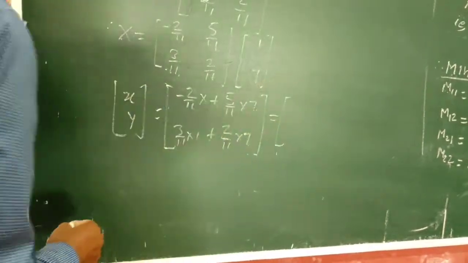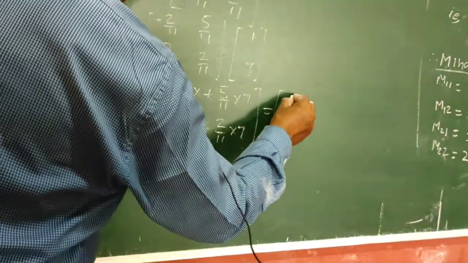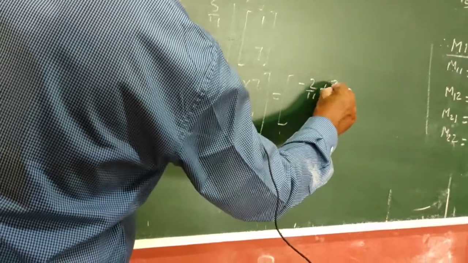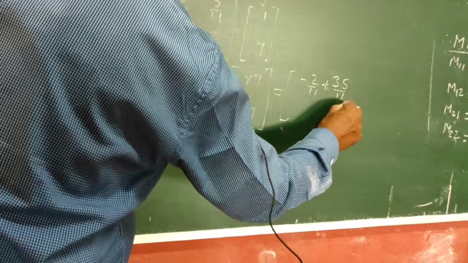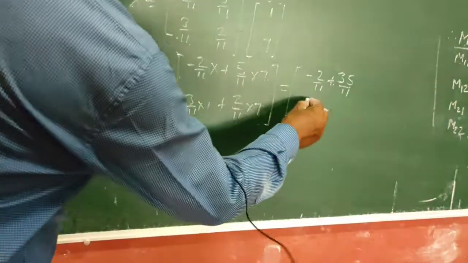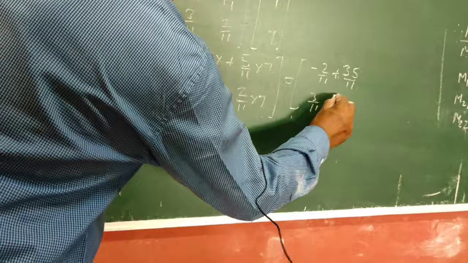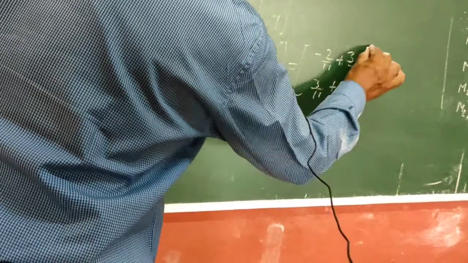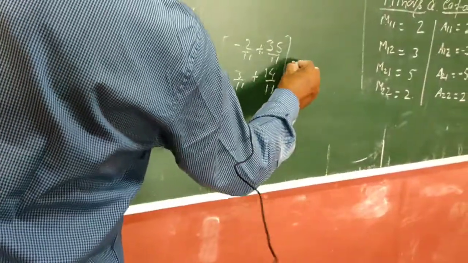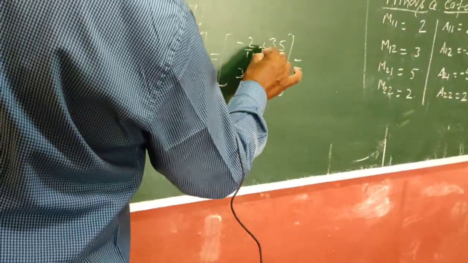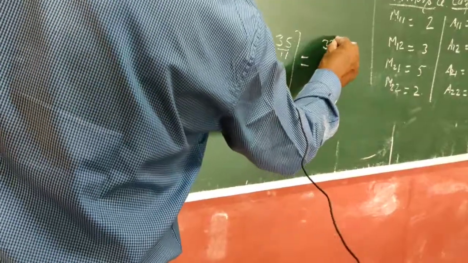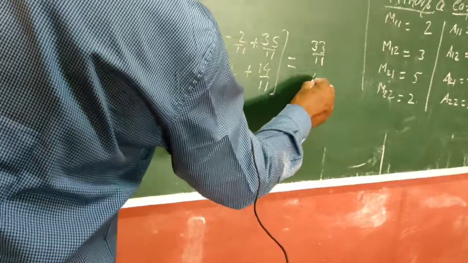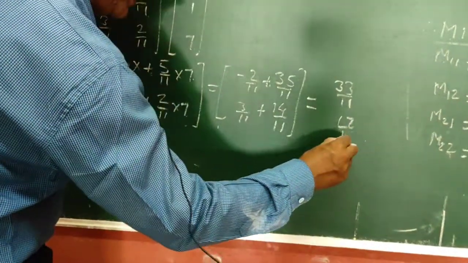You will get minus 2 by 11 plus 35 by 11, and 3 by 11 plus 14 by 11, and this is to be added here. This is 33 by 11 and this is 17 by 11.